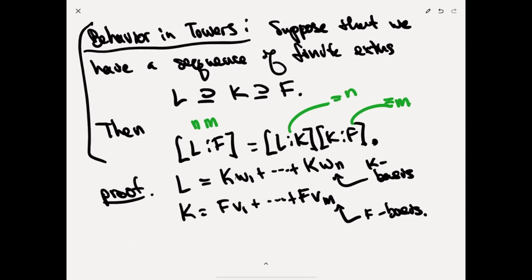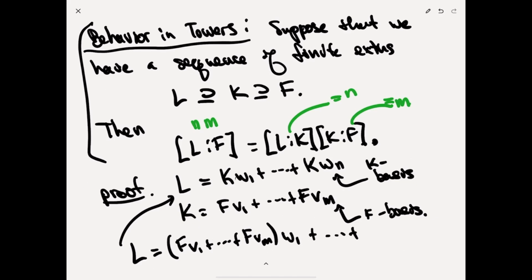So the basis: L is now equal to FV1 plus ... plus FVm W1 plus ... plus FV1 plus ... plus FVm Wn.